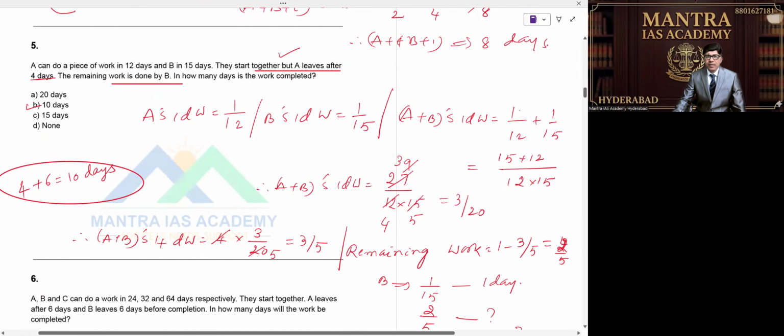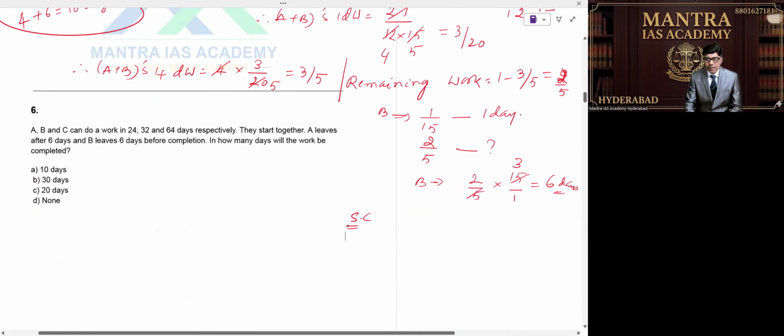But A leaves after 4 days means that A worked for only 4 days. Then the remaining work was done by B. So the total work from the beginning to the end was completed by B. He was there from the beginning to the end. So I'll tell you the beautiful shortcut here.